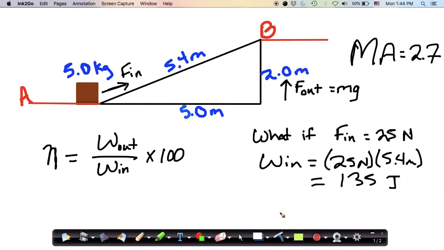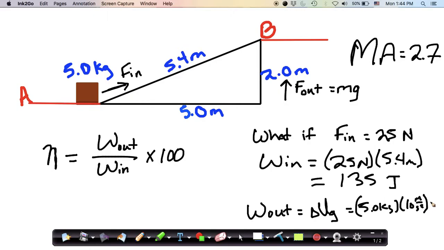Okay? Now the output work is going to be the change in gravitational potential energy for the box, delta UG, which is mg delta H. So 5 kilograms times 10 meters per second squared times 2 meters. mg delta H. We're changing the height, position from A to B by 2 meters.